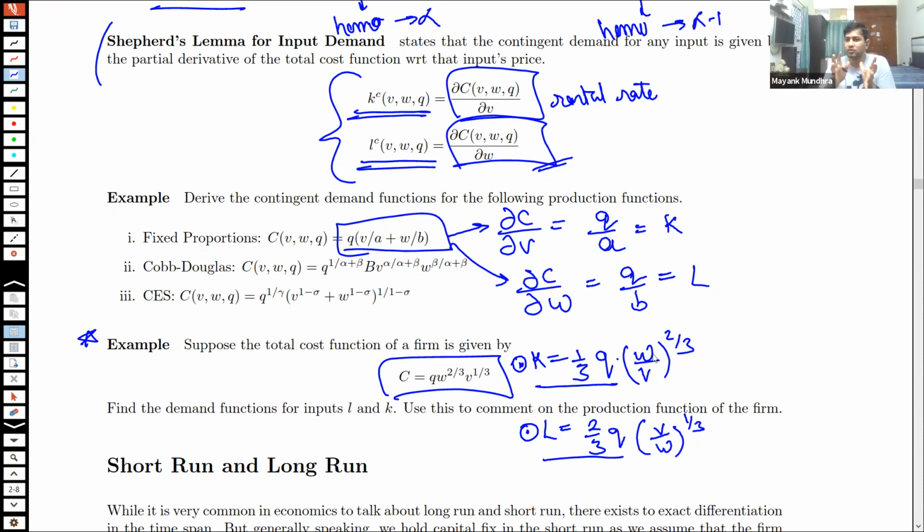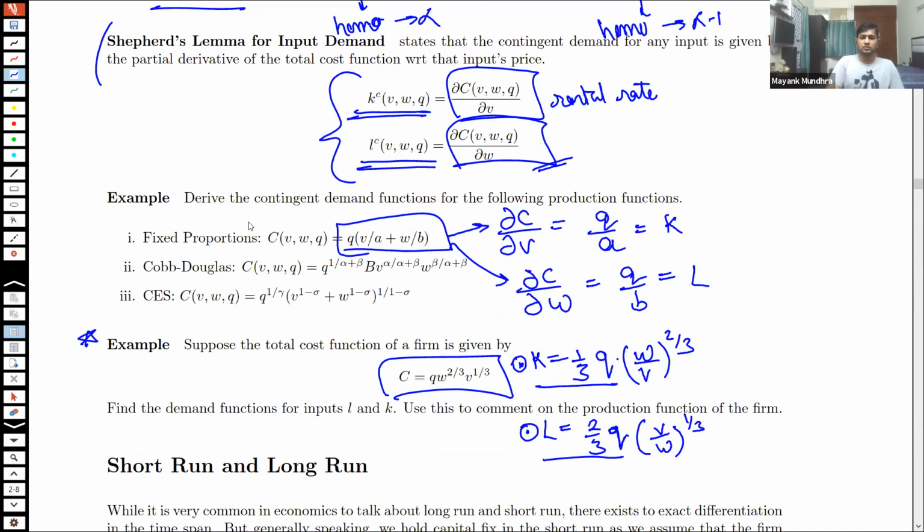Take W by V on one side, keep everything else on the other side, so that you can eliminate it and get the final result. Write it in the notes.